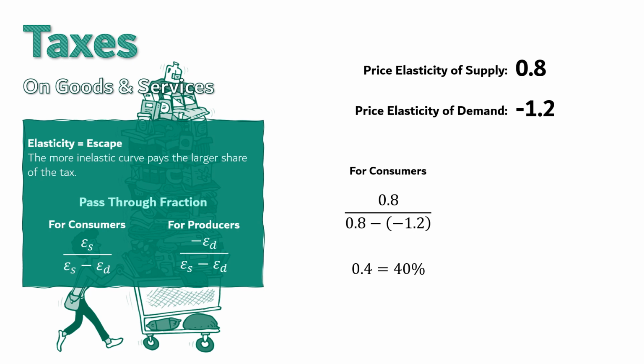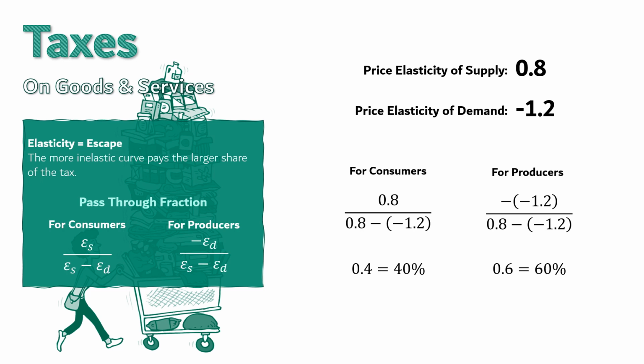We find that by taking 0.8 and dividing it by 0.8 minus negative 1.2. Likewise, producers will pay 60% of the tax, which we can find by taking negative negative 1.2, which is positive 1.2, and dividing it by 0.8 minus negative 1.2.